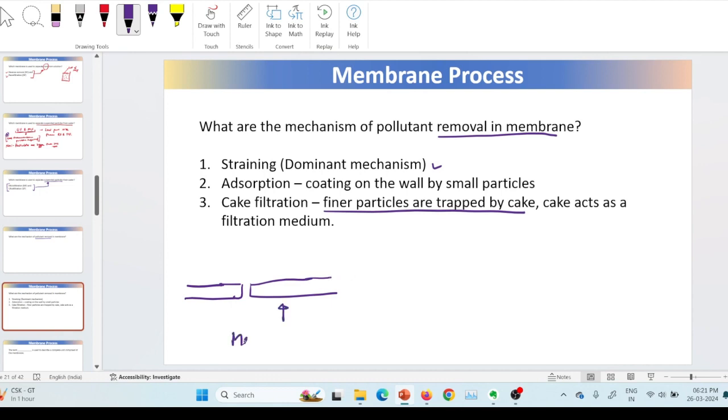A particle comes here and cannot go through the pore because the size of the particle is more. This is called straining. This is the first mechanism.